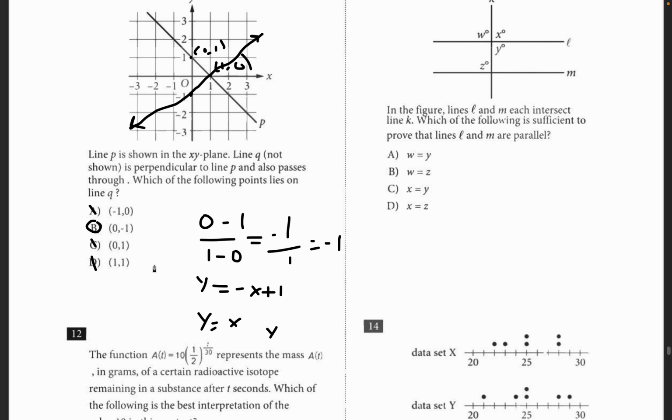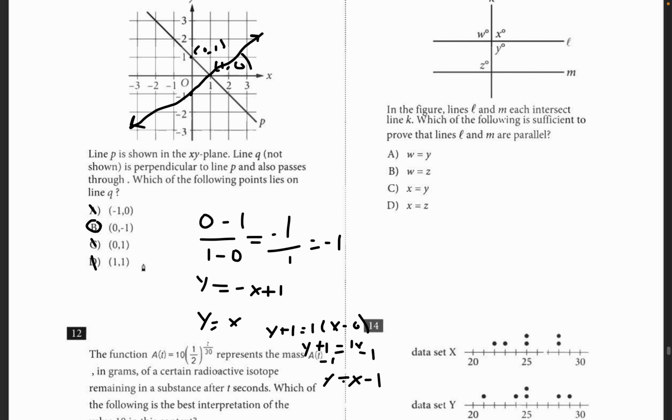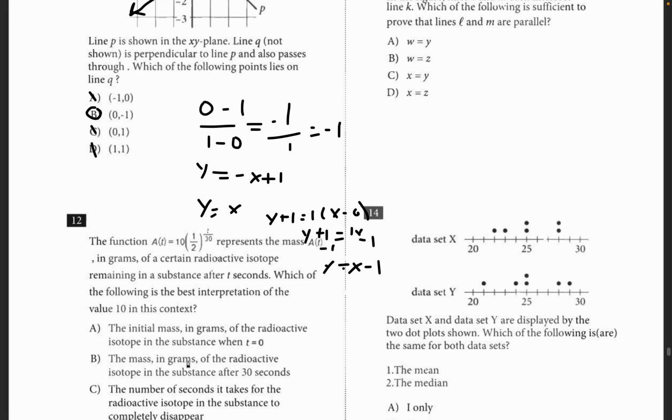If we plug in this one, y minus y1, so y plus 1 equals the slope 1 times x minus 0. Y plus 1 equals 1 times x minus 1. Yeah, it works. So I think it's B. Y equals x minus 1. It works when you plug it in.